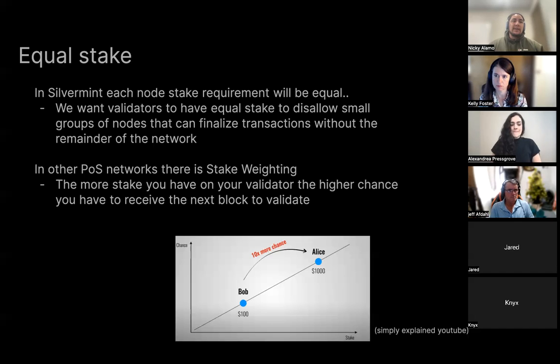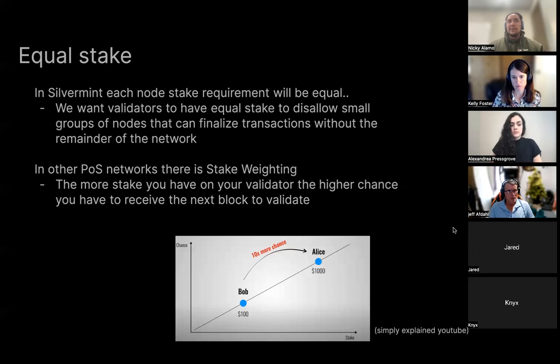Depending on the infrastructure of a blockchain network, it could be as little as 7 nodes you need to corrupt to control the whole network. With Silvermint, we have a Nakamoto coefficient greater than 600, and we give a lot of kudos to our equal stake mechanism for this.